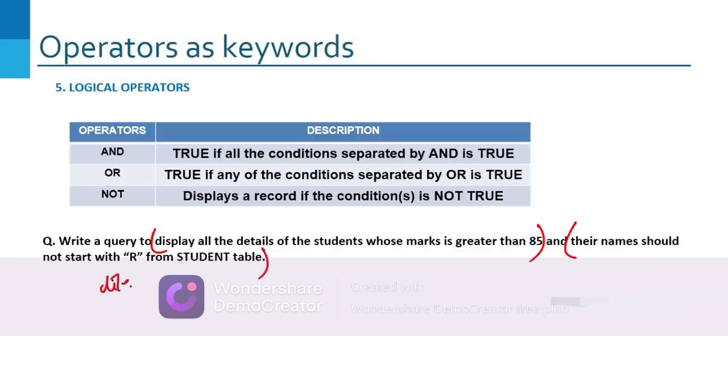Don't you think we should use the LIKE operator here? And don't you think we should use the relational operator here? Right? Now there is one more thing, which is AND. So we can use the logical operator AND here. Let's see what the answer will be.